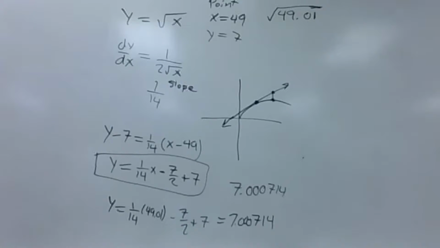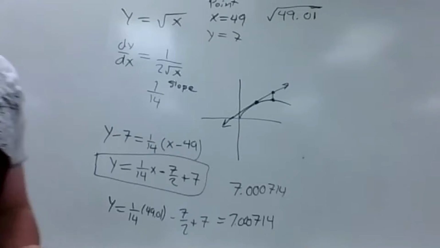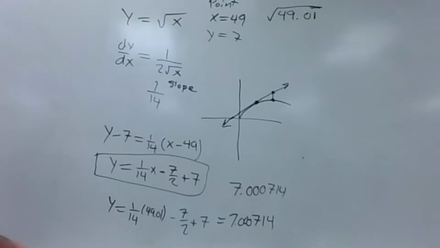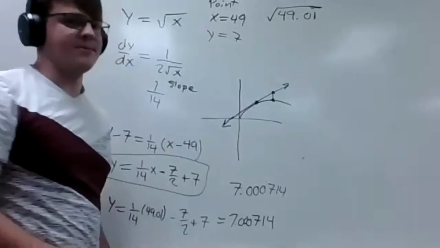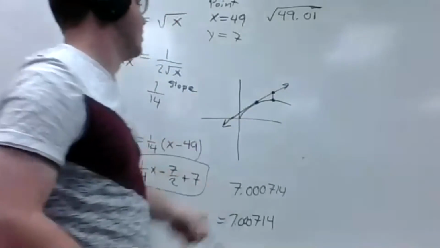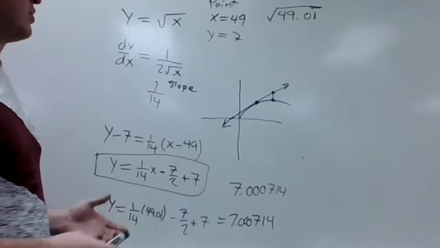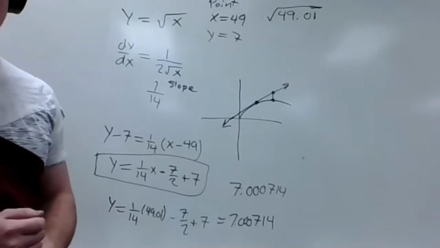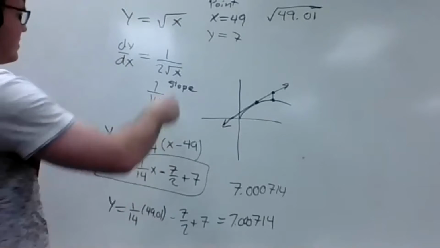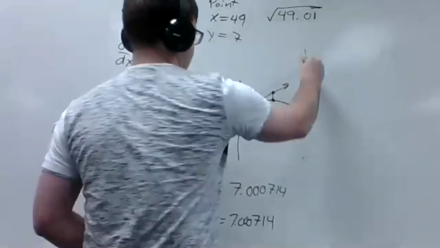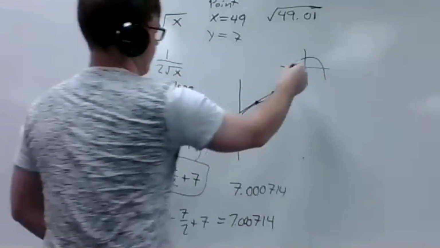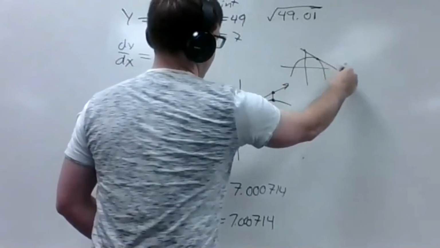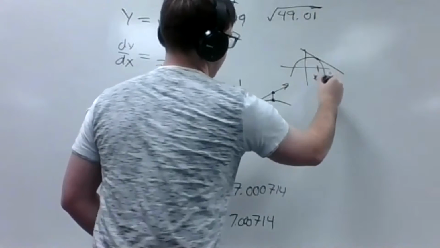So does that kind of answer your question about a linearization and a tangent line problem? They're essentially the same problem, but with a linearization, they'll give you something like, approximate this value using this tangent line. And that works with pretty much any function. So this could be some sort of parabola function that looks something like this. And we could do the same thing where we have a tangent line right here. This is like x equals 2.